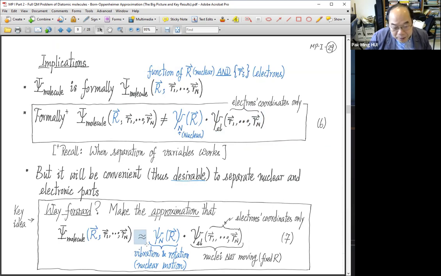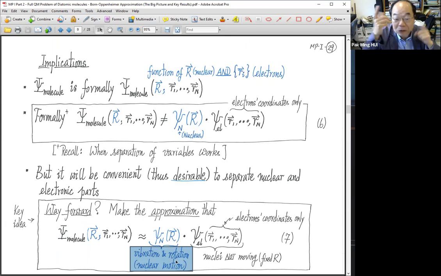So the approximation goes that we would like to write the total molecular wave function as a product of two parts. One part that is related to the nuclear motion only. Last time we introduced that there are two types: vibration about the equilibrium separation, the bond length, and the whole molecule rotating around the center of mass.